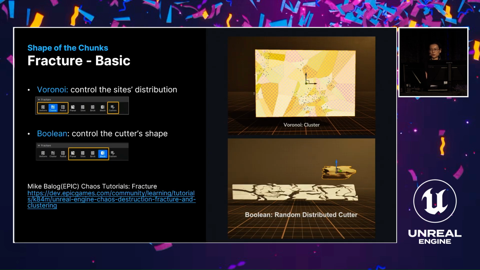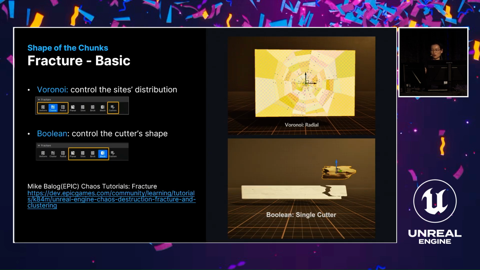Let's start with the coarse shape control, or how we slice a solid object into chunks. Whether it's in Unreal or other DCC like Houdini, Maya, Max, the basic approach isn't that different. You either generate a Voronoi diagram or you perform a Boolean operation with another geometry. The Voronoi diagram divides a model based on the distance to seed points, or sites.